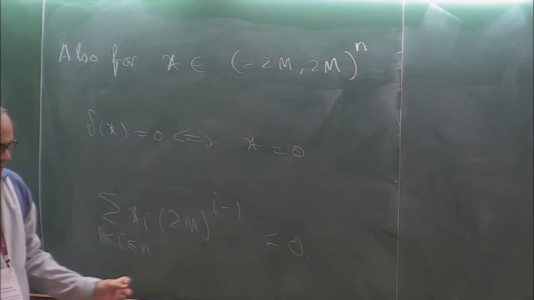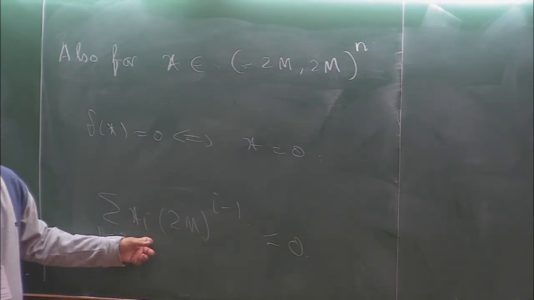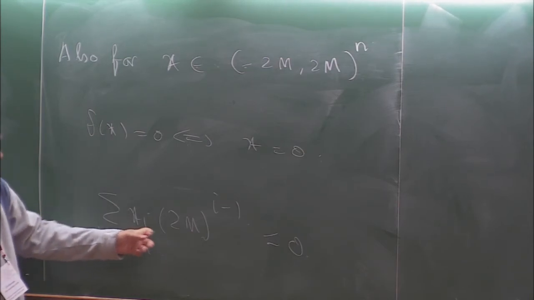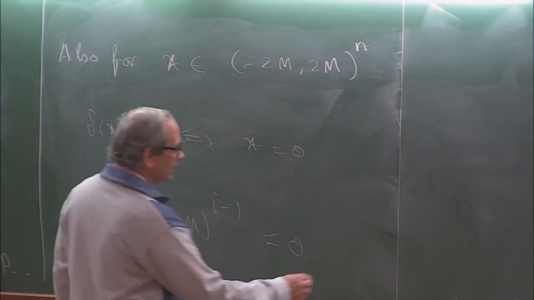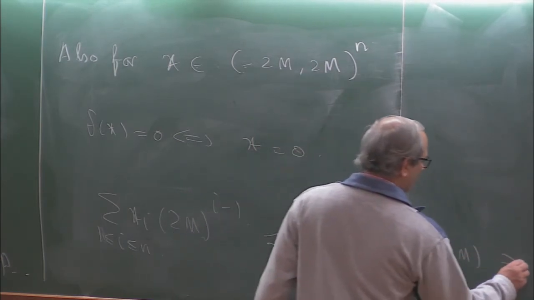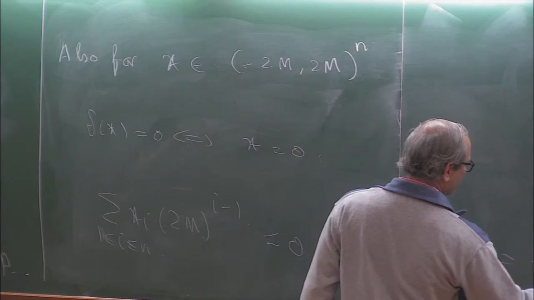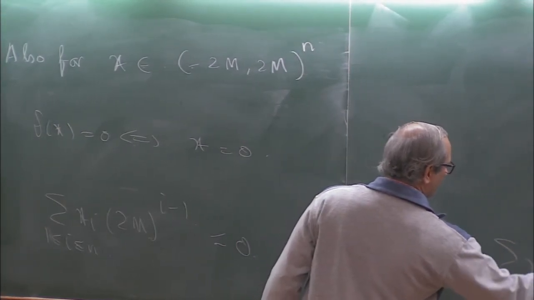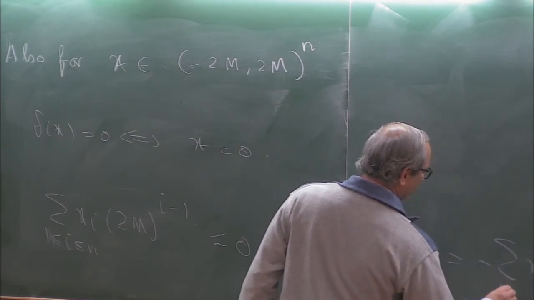Let's assume that x2 is the first non-zero xi. So then what will you get from this relation? You will get that x2 times 2 to the 2m is equal, if I take the rest to the other side, to the sum of xi 2 to the m(i minus 1) for i equal 3 to n.